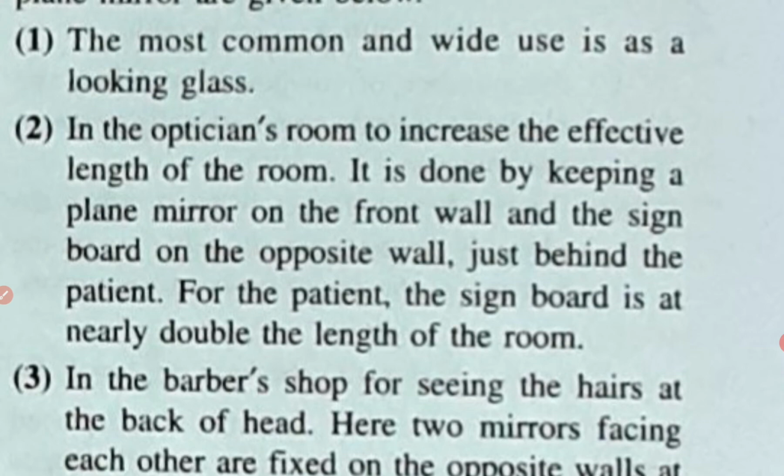Number two, it is used in the optician's room to increase the effective length of the room. It is done by keeping a plane mirror on the front wall and the signboard on the opposite wall, just behind the patient. For the patient, the signboard is at nearly double the length of the room.